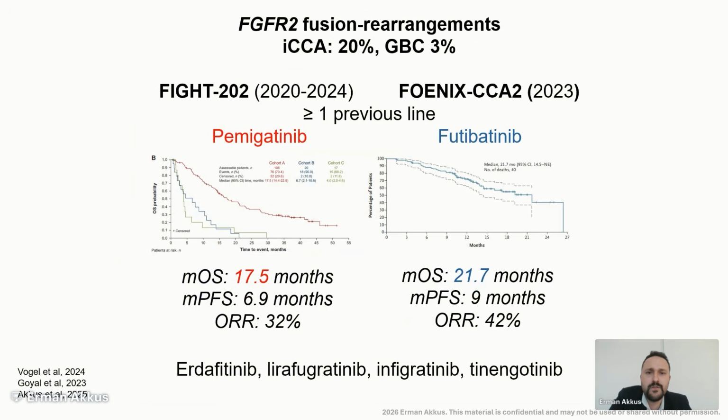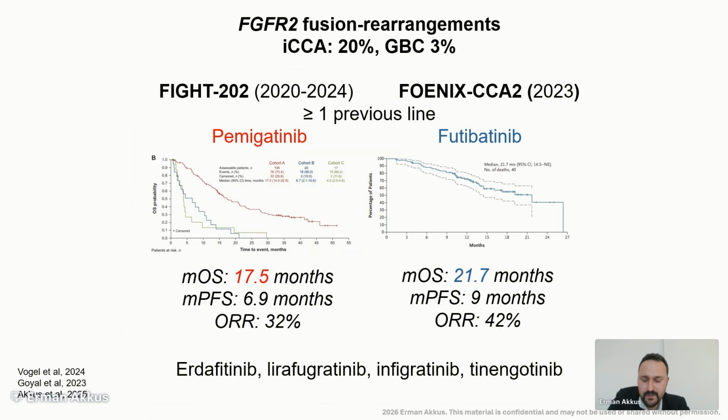And FGFR2 fusions are found in around 20% of intrahepatic cholangiocarcinoma. In the FIGHT trial, pemigatinib, and in the Phoenix trial, futibatinib, were investigated, and dramatically high median overall survivals were observed, around 17 and 20 months, in the second-line treatment of biliary tract cancers, and response rates were also very high, around 30 and 40%.